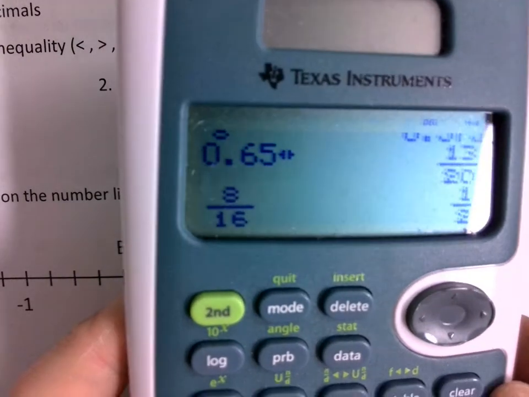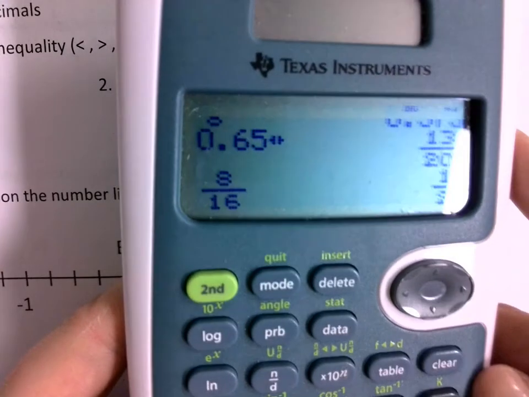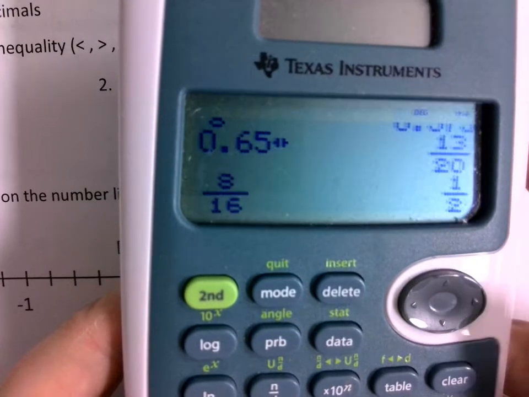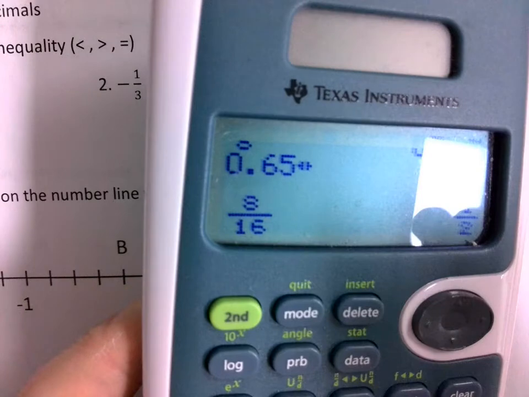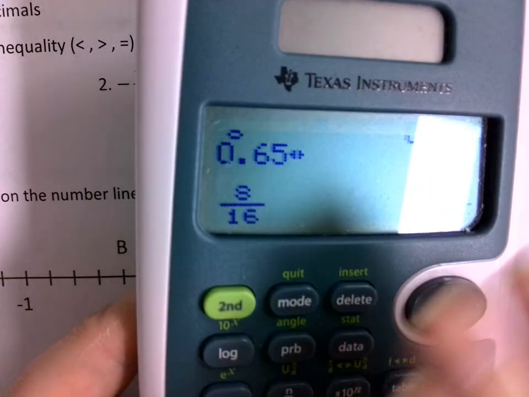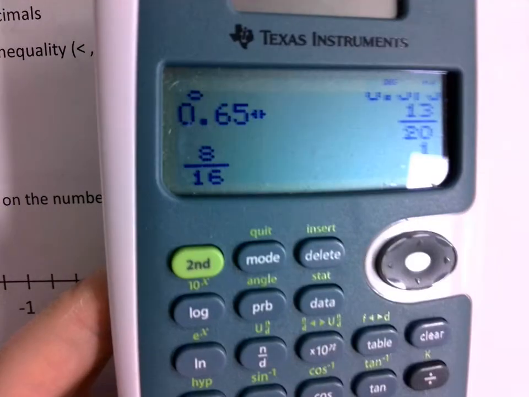How long is her hair now? She gets a haircut. What operation is that? Subtraction. So you don't have to worry about subtracting the fractions because you just have to worry about what the operation is. Once you know the operation, you use your fraction buttons. So fraction button, again, is the N over D.